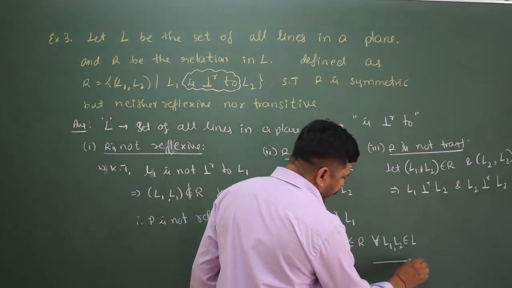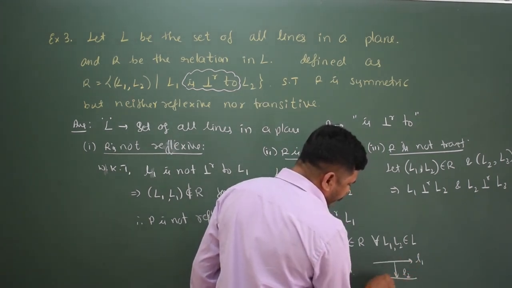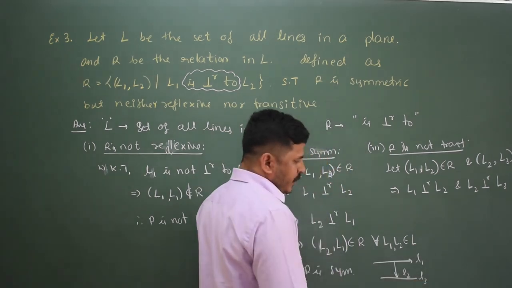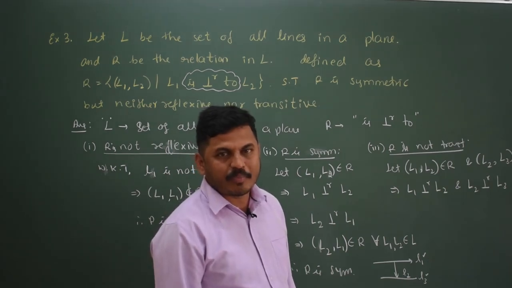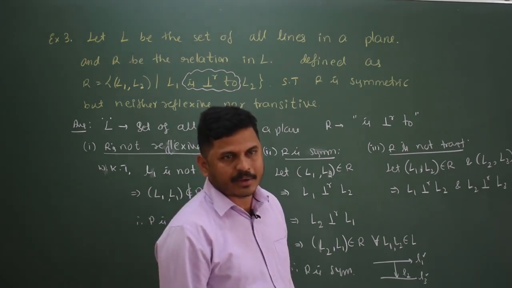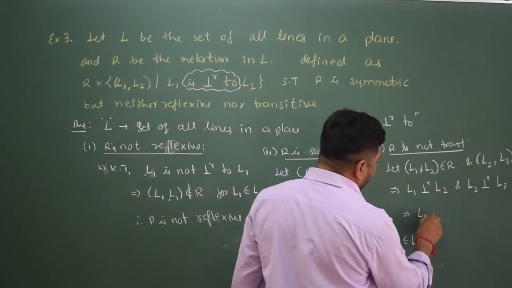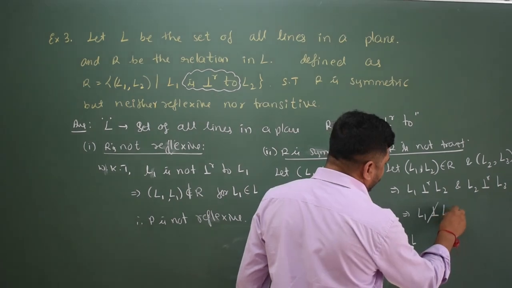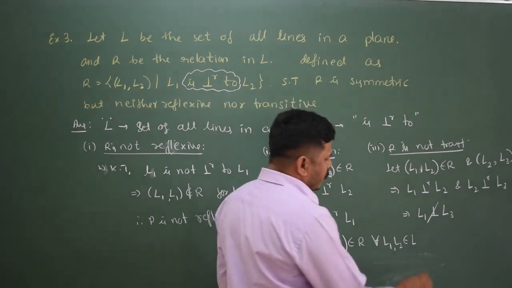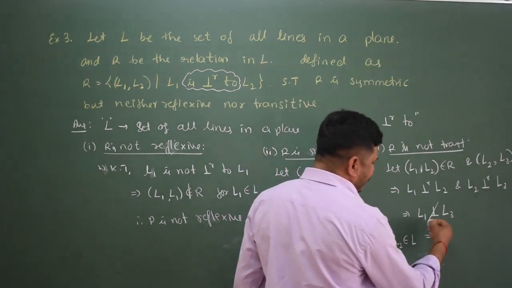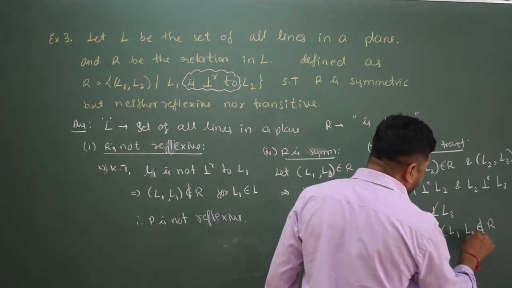L1 is perpendicular to L2 and L2 is perpendicular to L3. Now, is L1 perpendicular to L3? No, L1 is parallel to L3. So L1 is not perpendicular to L3.